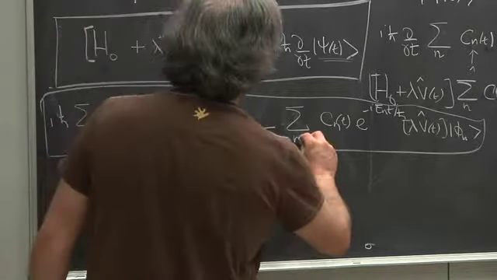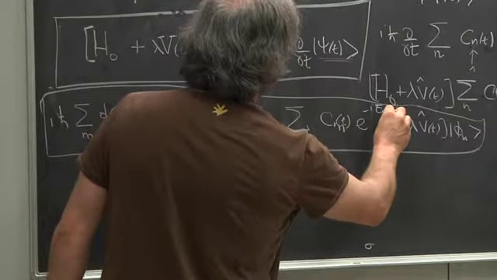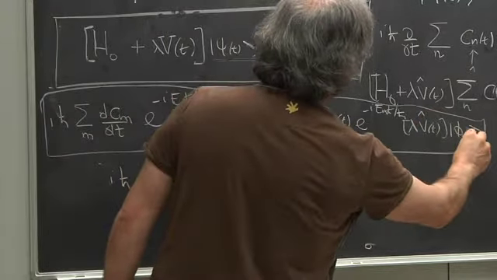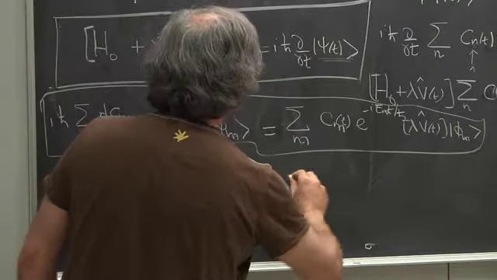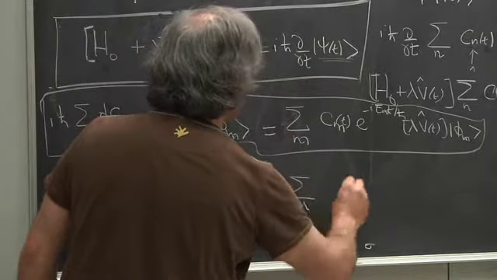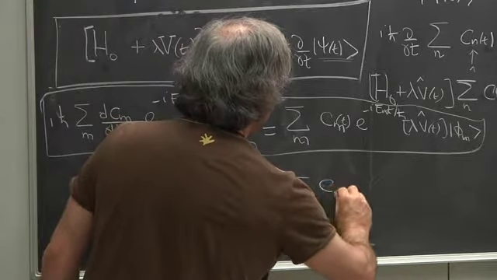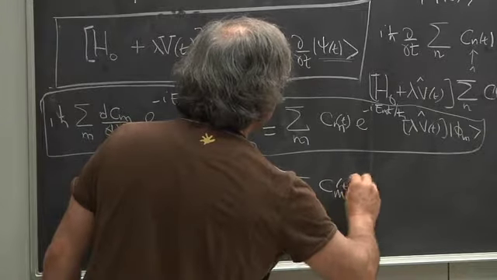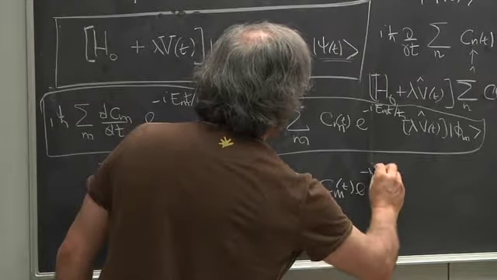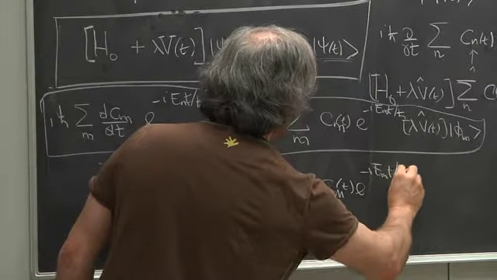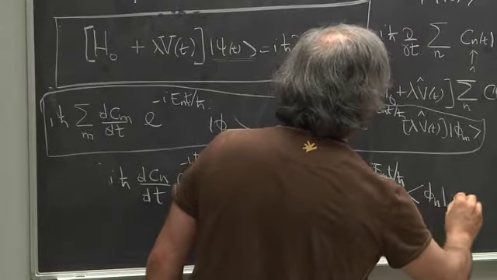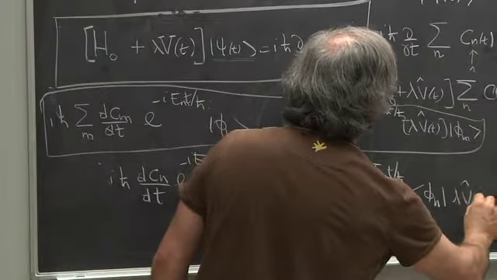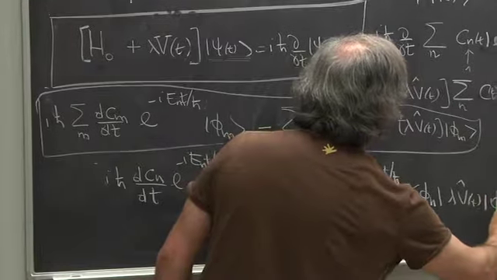On the right, let's keep writing this as m. I will have the sum over m of Cm of t e to the minus i Em t over h bar. And then I will have phi n lambda v phi m.